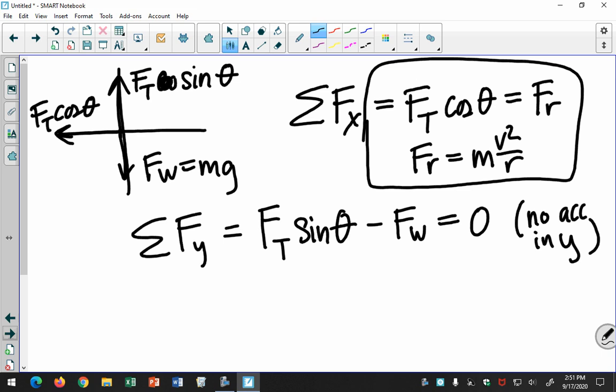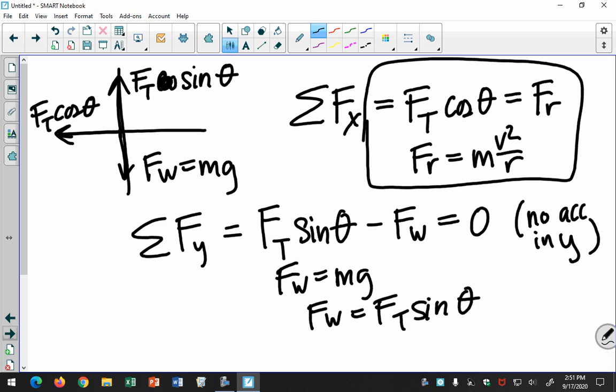You can rearrange this equation. Remember that weight equals mg, and so if I rearrange, then F_w equals F_T sine theta, and so on. You guys can do this. This is not that tricky. You just have to put your thinking caps on and follow my hints.